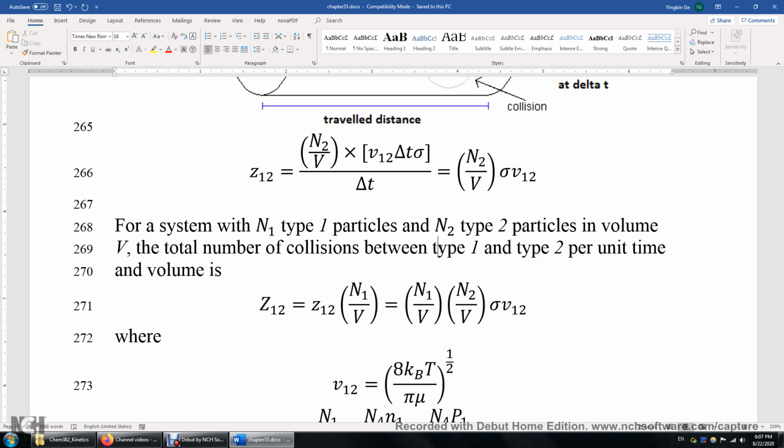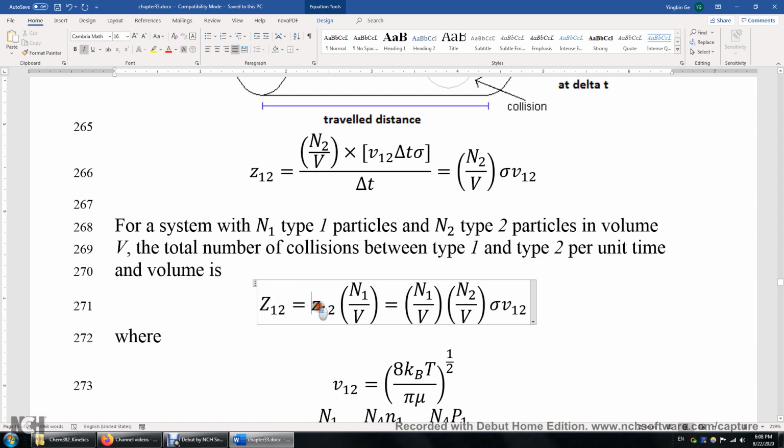Again, if we're assuming the number density is constant, then the larger the container, of course, we have more N1, we have more N2, right? And then we have more collisions per unit time. So we decide to set this variable, uppercase Z12, as the total number of collisions per unit time per volume.